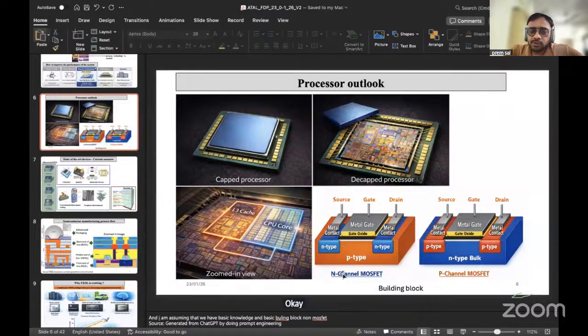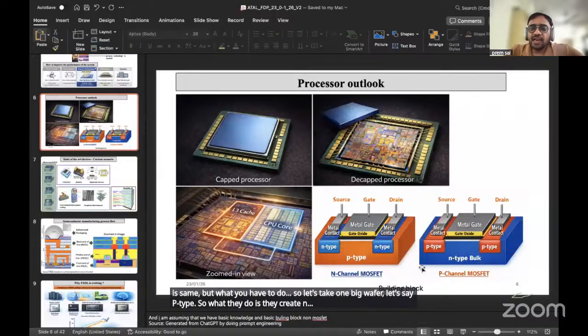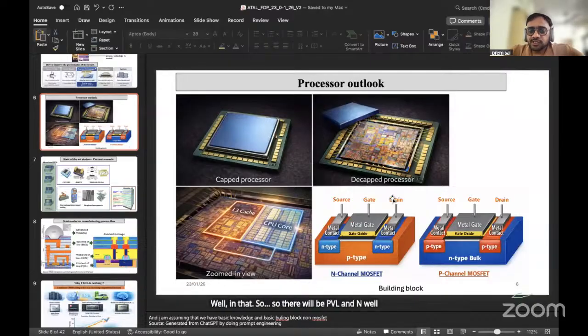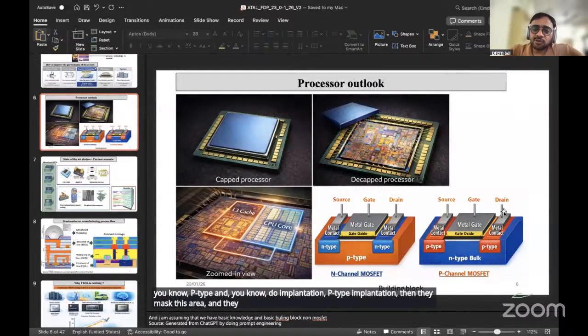What you have to do is take one big wafer, let's say P type. They create an N well in that, so there will be a P well and an N well. First they mask and do P type implantation. Then they mask this area and do the other. So on the same wafer they do it that way.